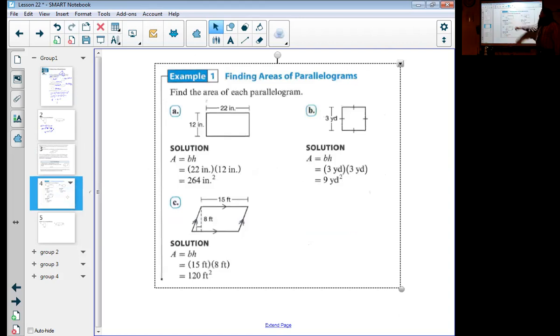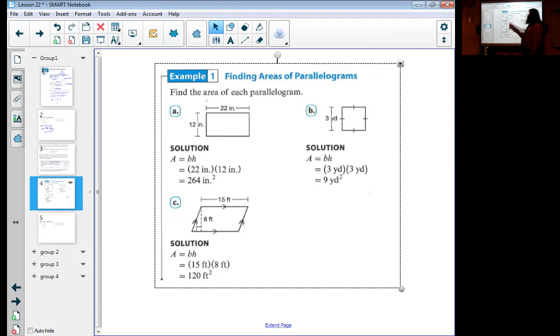So here it's asking to find the area of the parallelogram. If you look at this, its area is equal to BH. That's not any different than length times width. It's just that the height is the same as the width, and the base is the same as the length. It just ends up being the same formula.